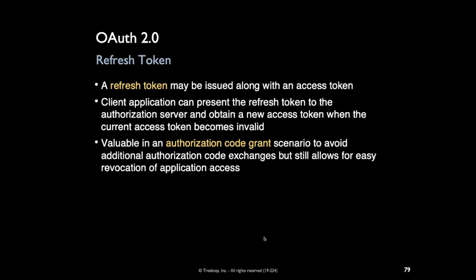But here's the problem. What happens when the user wants to revoke access? The user logs into their account, brings up the list of things, and says, no, revoke access to Mint. That sends the request to Bank of America. Bank of America records that Joe Smith has requested that access to Mint.com be revoked. That's stored in a database someplace.